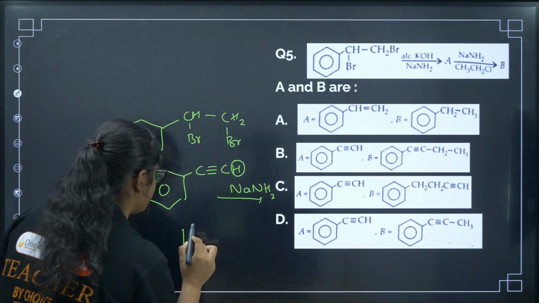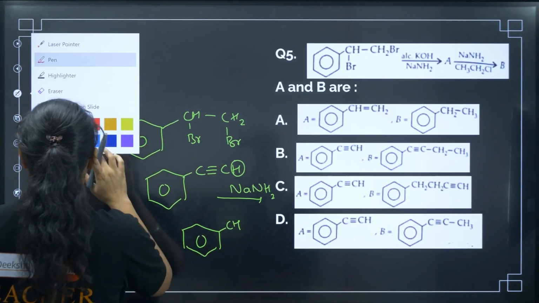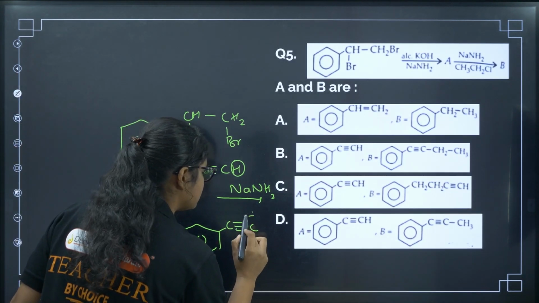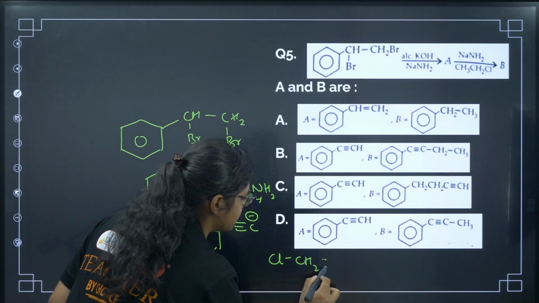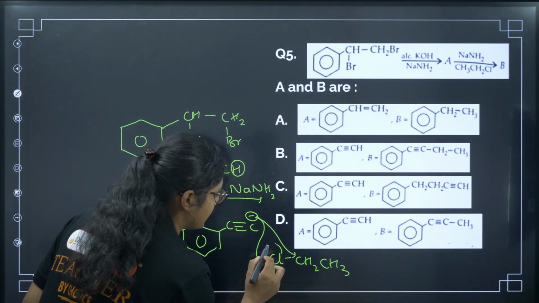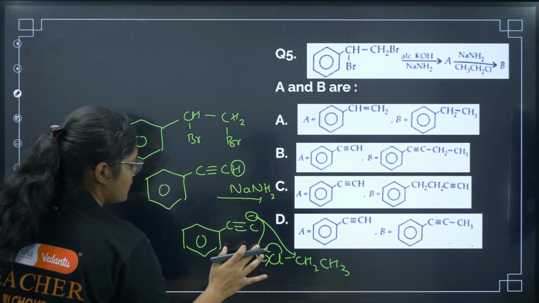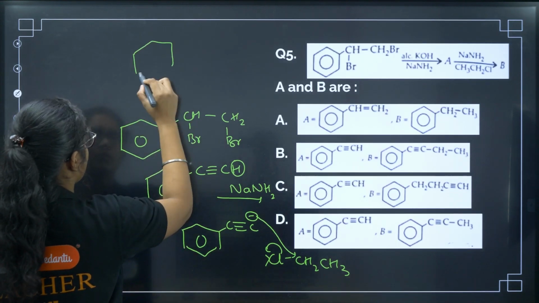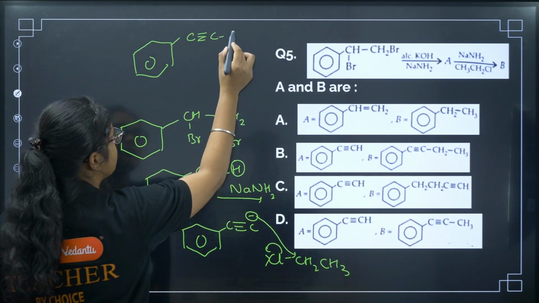So we will get this compound, C triple bond C, oh sorry, C triple bond CH. Okay, and then here this is now a nucleophile which can attack on this alkyl chloride, CH2CH3. So this one can attack here, and the chlorine can go away. So the product we will be getting is this one. We will get a benzene ring, and then we have a triple bond, and here this alkyl group is attached.